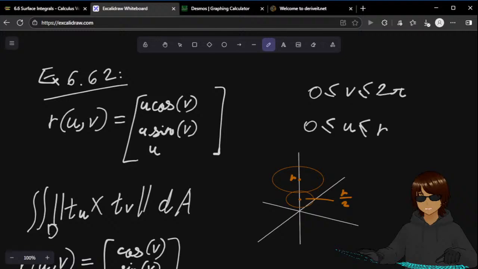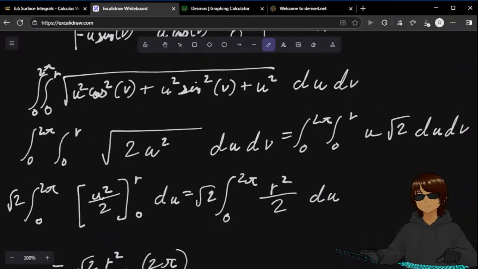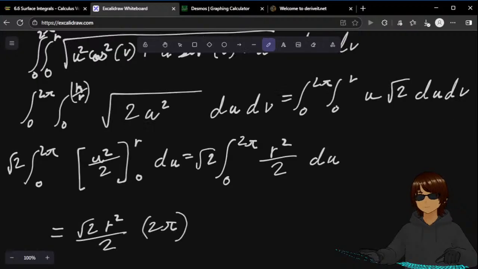Or we multiply h over r over here. R square over 2, h over r.